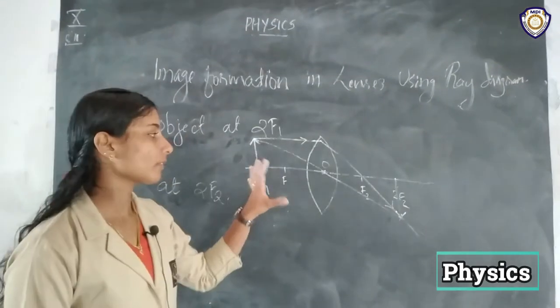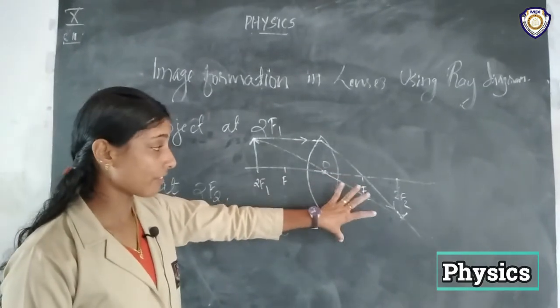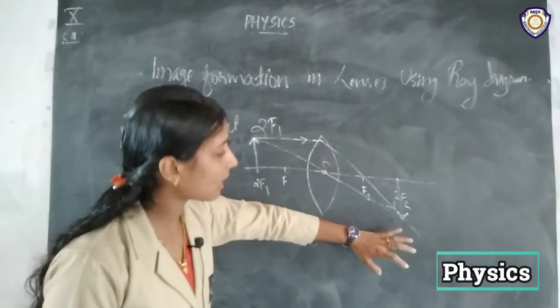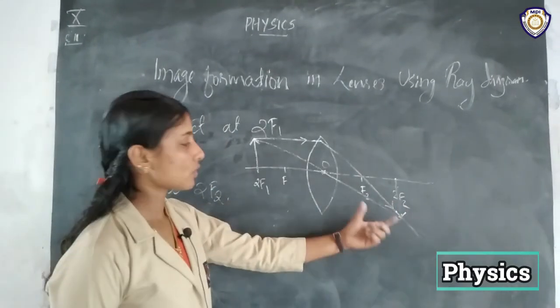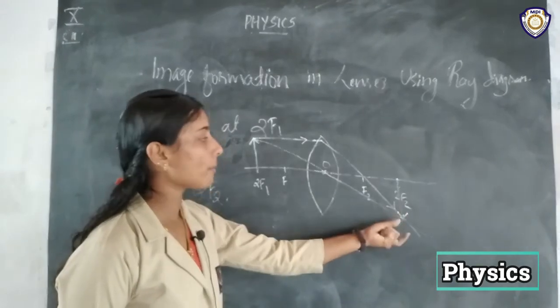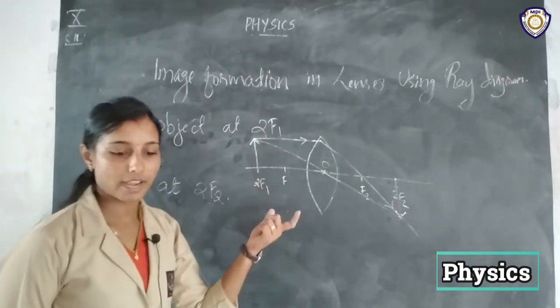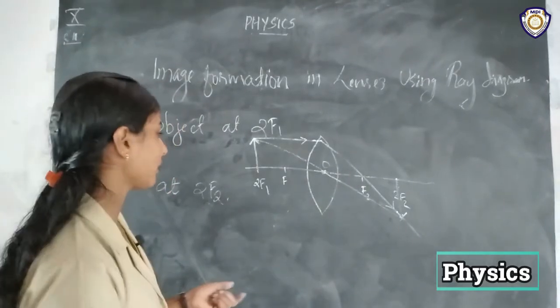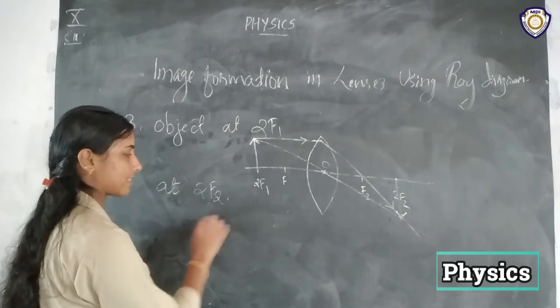We drew this as a rough figure, so we cannot identify it by looking at this. Actually, the image formed should have the same size as that of the object, similar or comparable size.